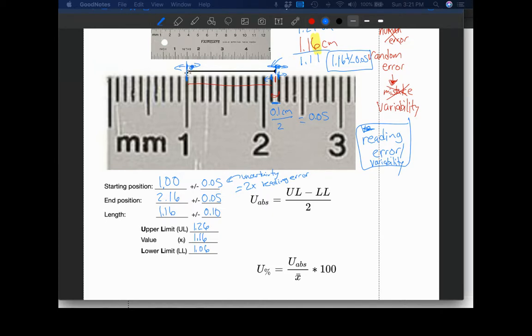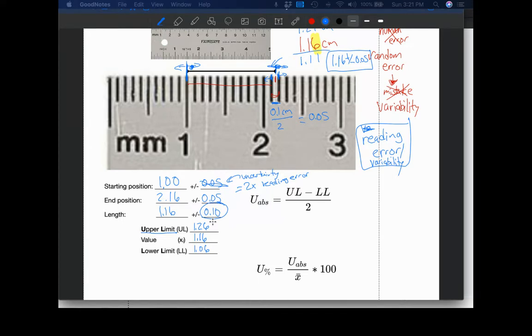So we would report an answer of 1.16 plus or minus 0.05, because there wouldn't be any uncertainty at the starting position. And so there's a great deal of precision and attention to detail that we need to pay in making our measurements. So we have our upper limit, which was the value we got plus the uncertainty, and the lower limit, the value minus the uncertainty.